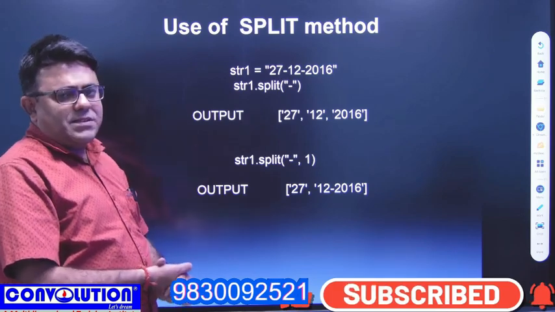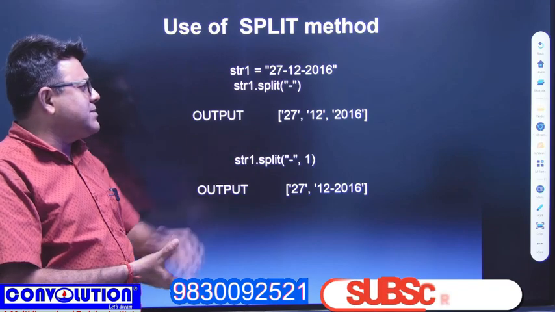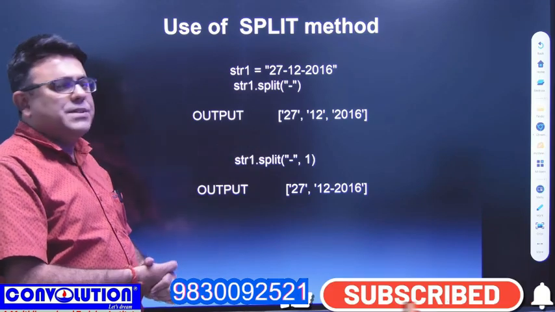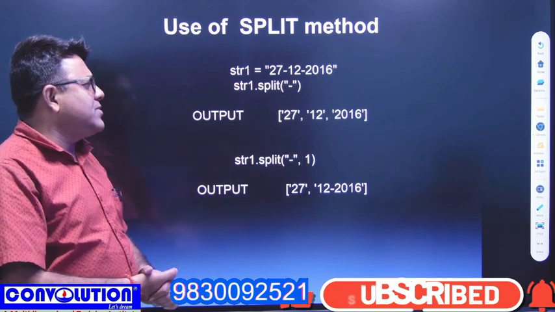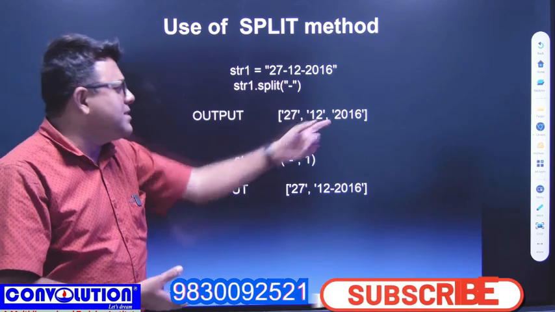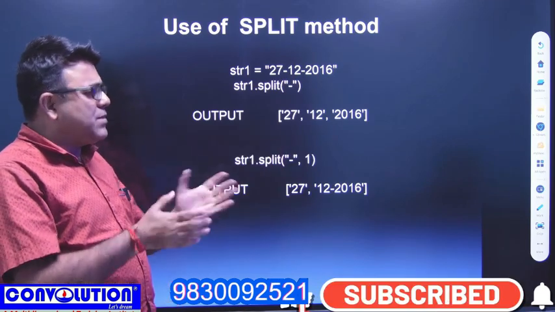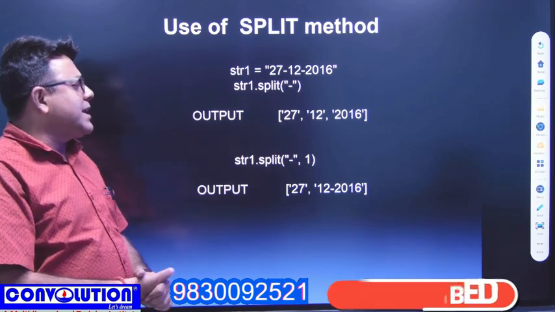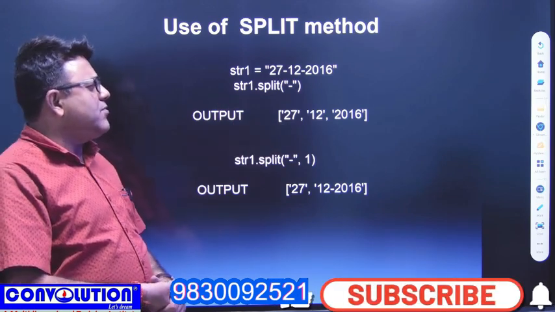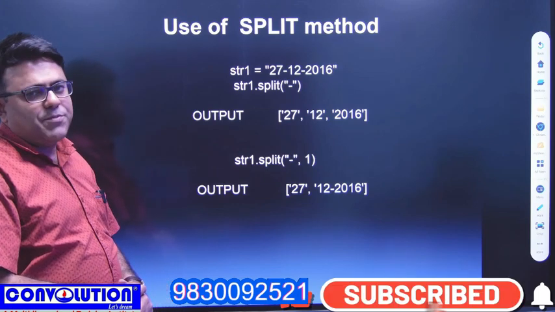When Python finds 27, after 27 there is a hyphen, so it is delimited. Then 12 is there, and after 12 it again finds a hyphen, so 2016 becomes another element. As an output, we get 27, 12, 2016, separated by commas.